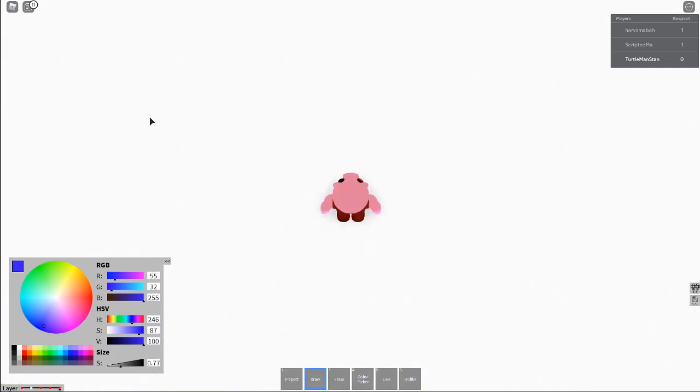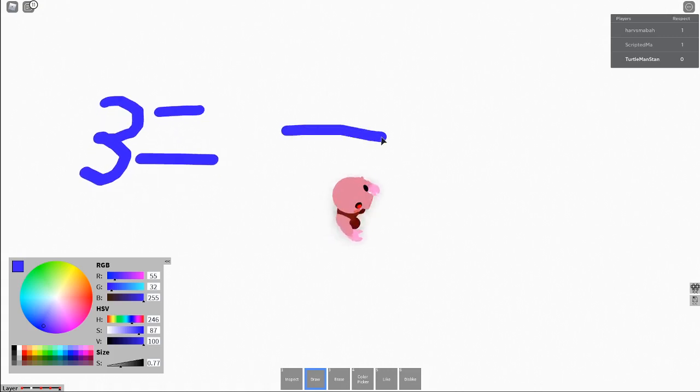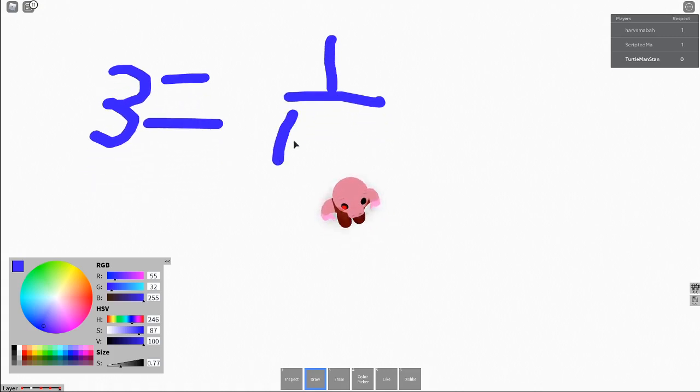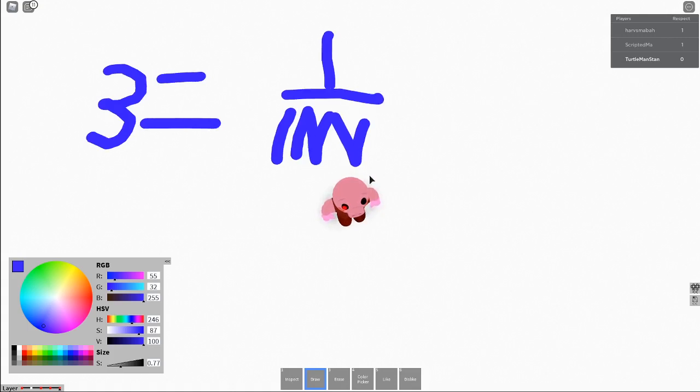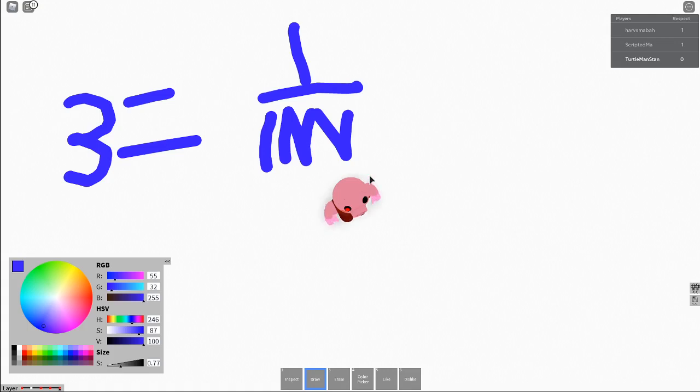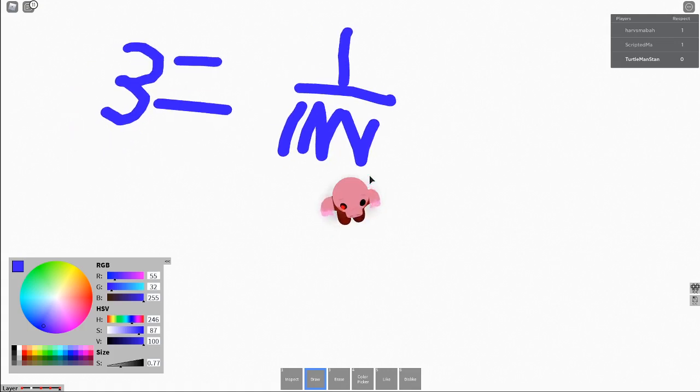So, let's do this. So, 3. So we can do stuff like this. We can do 3, 1, and then we can do an I and a V. I mean an N. We can do N, and we can do I, and so it'll always stand for something. The N is for maintenance, and the V is for venance.